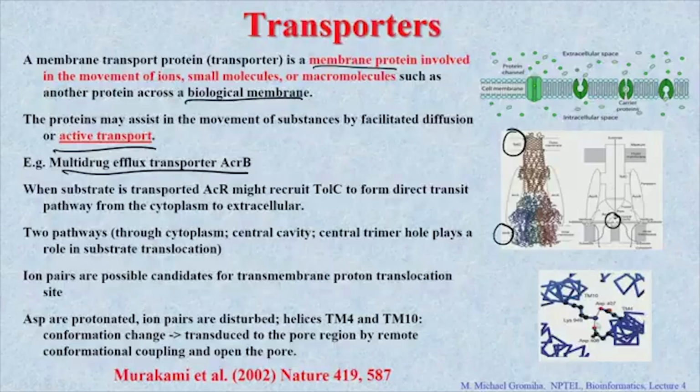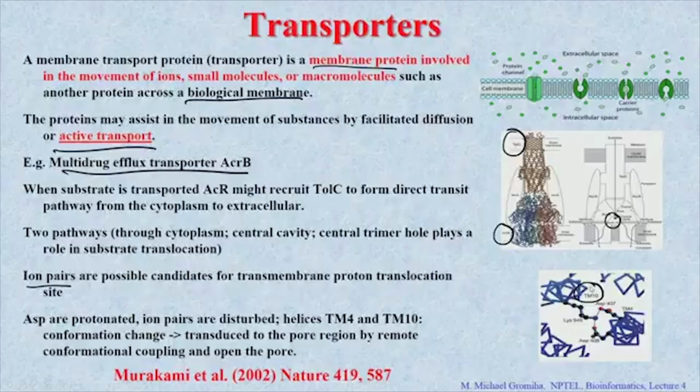So it crosses the membrane, and during this transport, the transmembrane helices, like transmembrane helix 10, have residues involved in electrostatic interactions, like Asp407, Lys940 and Asp408. These ion pairs are possible candidates for the translocation, and they are disturbed.